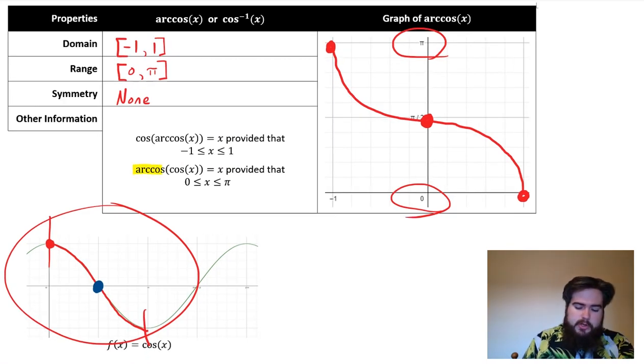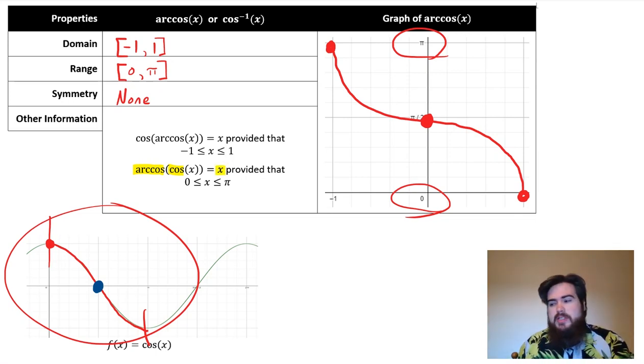If you take arc cosine of a cosine function, that will cancel those out and just give you the value of x in return, so long as that value of x is between 0 and pi, aka it is a value that exists in the range of arc cosine.